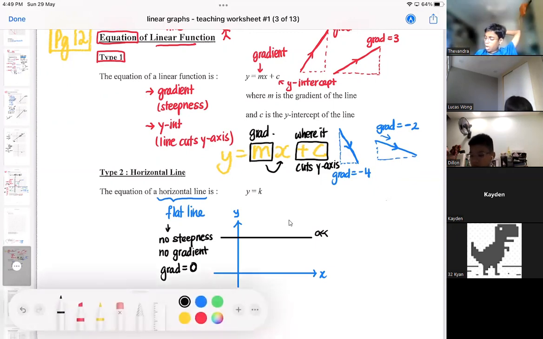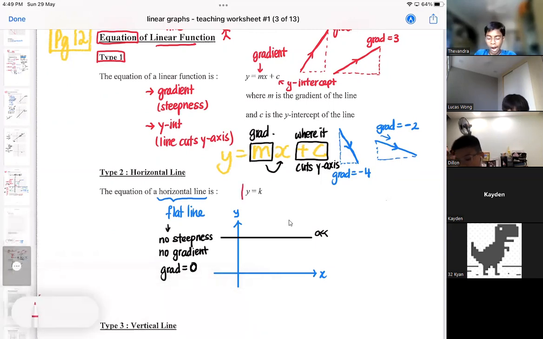But the name of a line will be simplified. Instead of y equal to mx plus c, it will be y equal to k. I want you to think about it. The gradient is 0. Just now I said that the gradient is always attached to x.